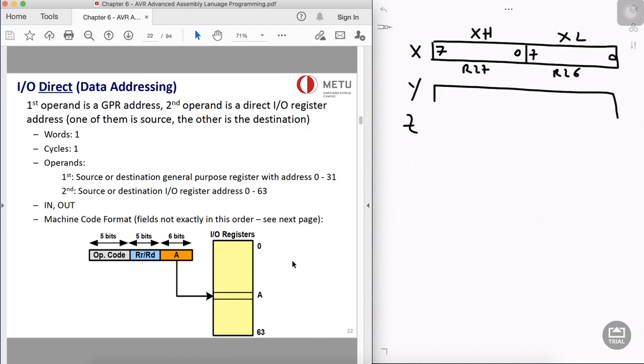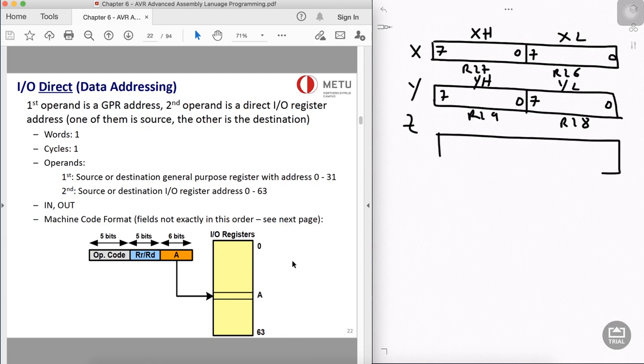And the same applies for Y, but this time it's R29 and R28, 7 down to 0. So this is known as Y high and Y low. This is also 7 down to 0. Then we have got the third one, which is the Z register.